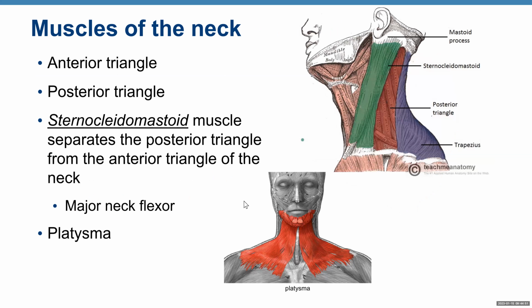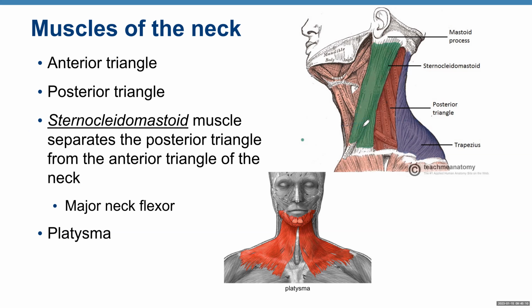Muscles of the neck. Your neck can be divided into the anterior triangle, right here, and the posterior triangle. And the muscle that divides your neck into 2 triangles is sternocleidomastoid, shown here in green.